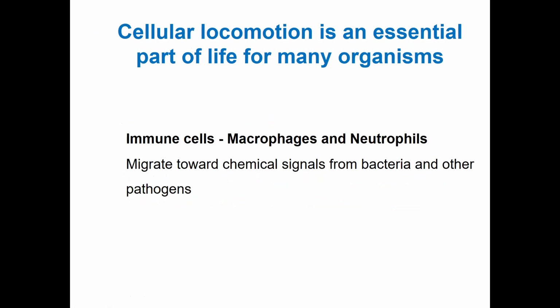And immune cell motility is very crucial, especially macrophages and neutrophils. They migrate toward chemical signals from bacteria and other pathogens. Bacteria, fungi, and other pathogens, when they infect multicellular organisms like plants or humans or animals, secrete different chemical substances.